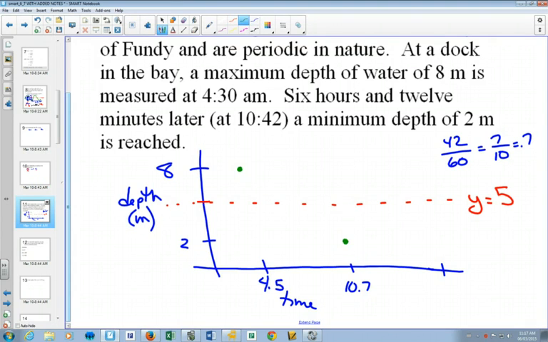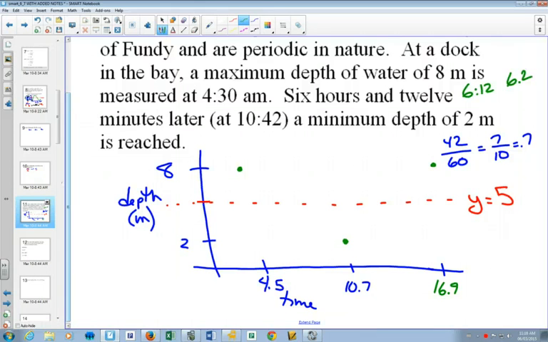When is the next maximum going to be? 16.9. And how do we get the 0.9? Did you take the 6 hours and 12 minutes and say that's the same as 12 out of 60, which is 0.2?